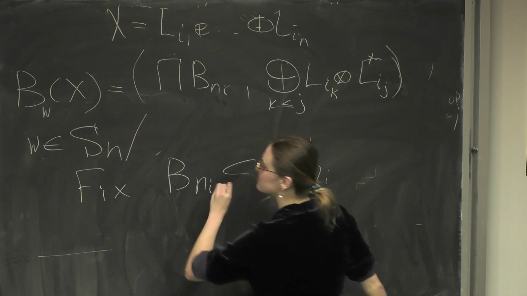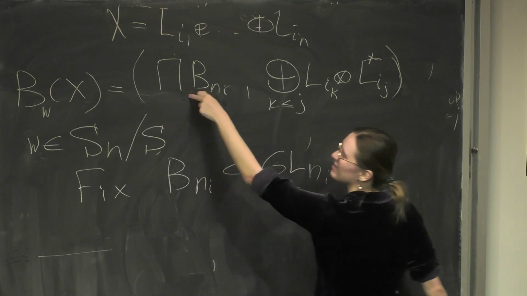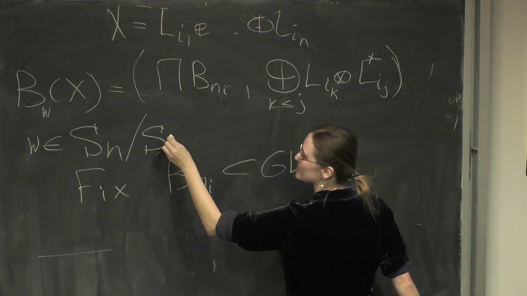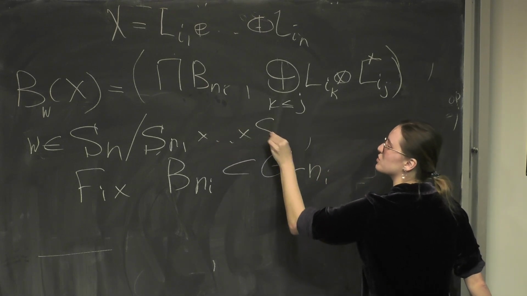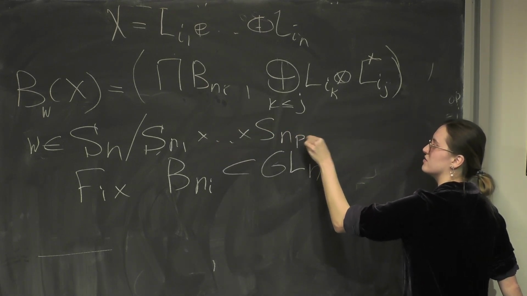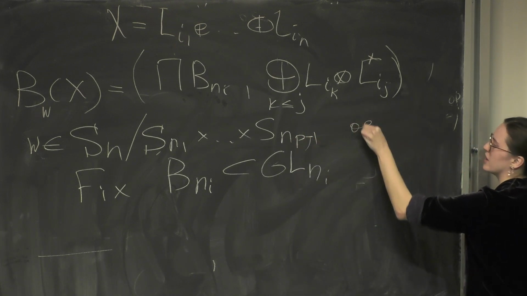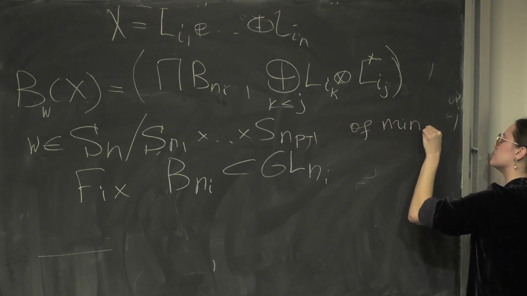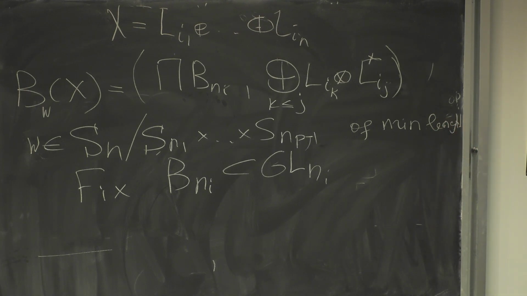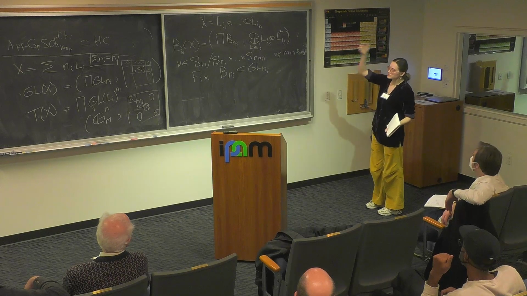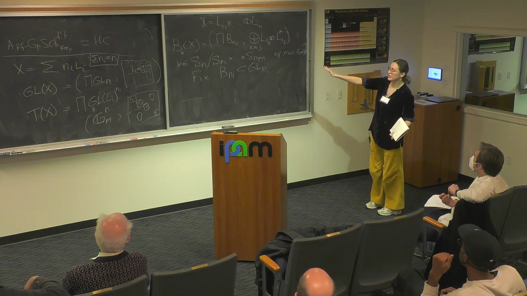I'm sorry, these are some technical details. So different choices of Borels, up to fixing the even Borel, will correspond to coset representatives in Sn quotient by the product of the S_ni, of minimal length representatives. This is not that important. What's important is that there are different choices of Borel, but for now we can fix any one of them.